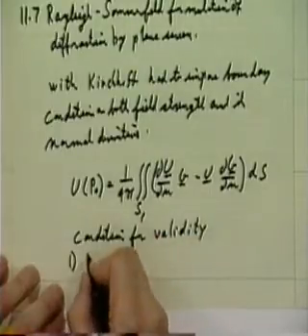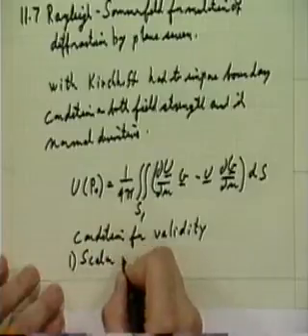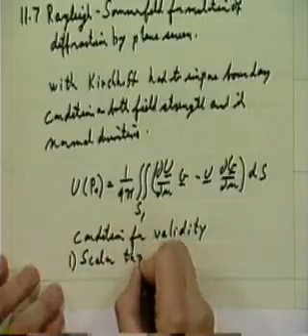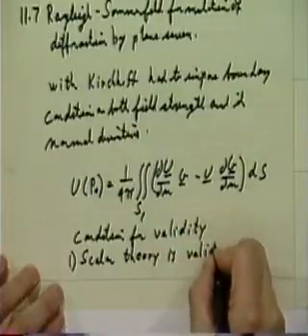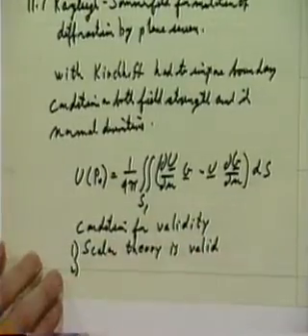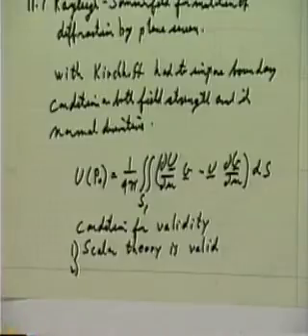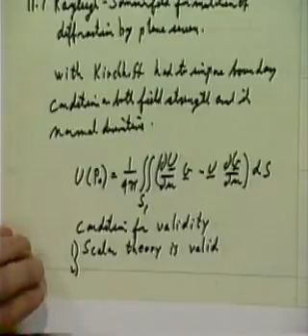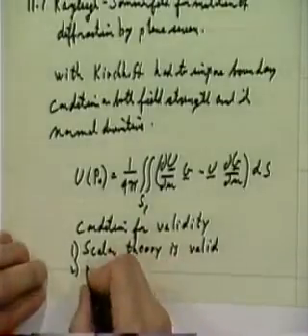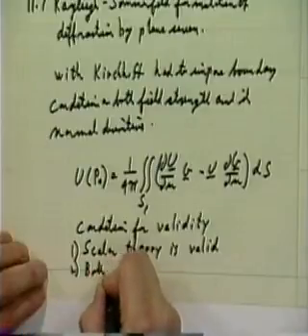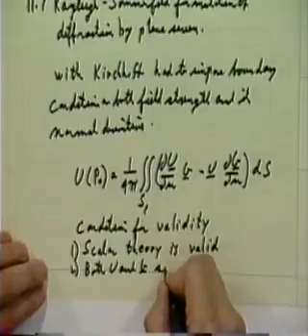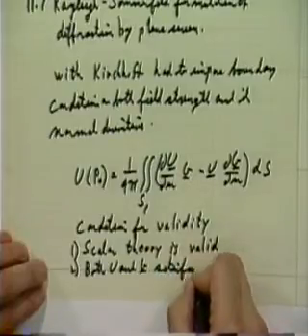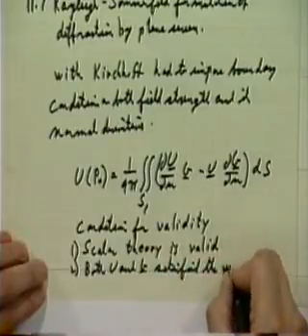We assumed that the scalar theory is valid, which, as we said earlier, really means assuming that the diffracting apertures were many times the wavelength. We assumed that both U and G satisfied the wave equation.